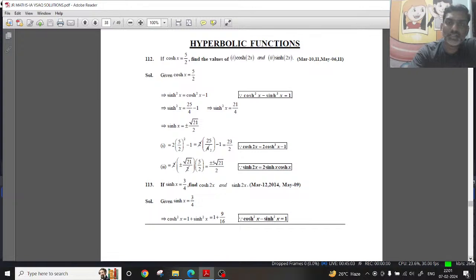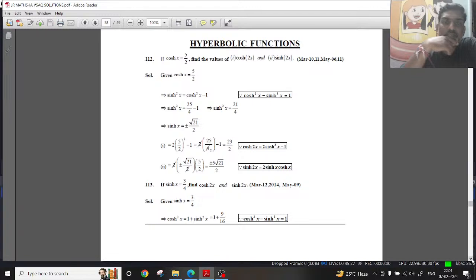So here cos h square x minus sin h square x equals 1. Then if we substitute cos hx equals 5 by 2, we get the sin hx value. After getting the sin hx value, they are asking us to calculate cos h2x. Cos h2x equals 2 cos h square x minus 1.